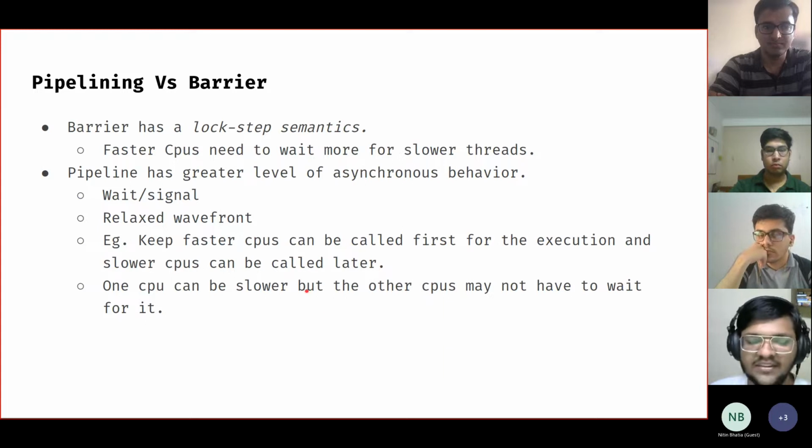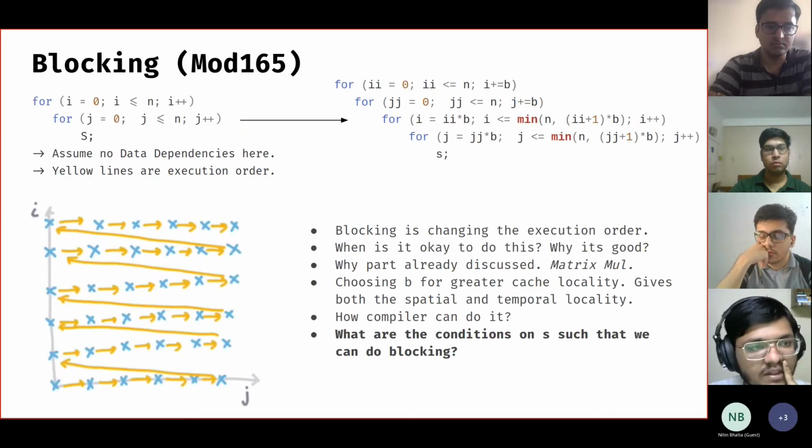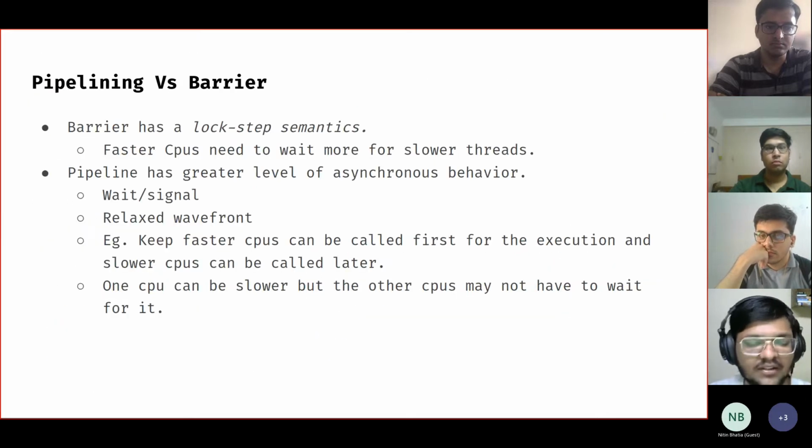So one CPU can be slower, but there is a chance that other CPUs may not have to wait for it. This is the great advantage of pipelining. So here we have talked about pipelining.